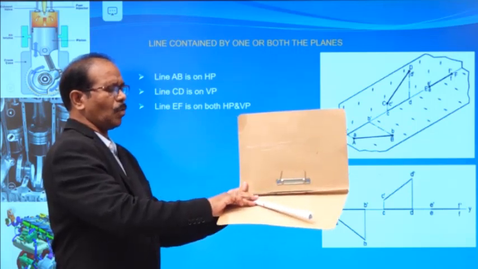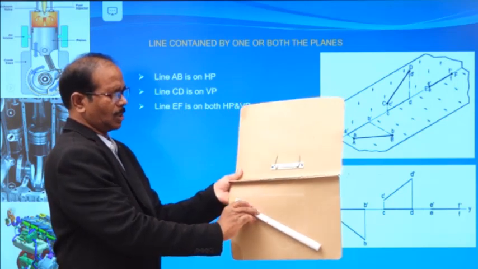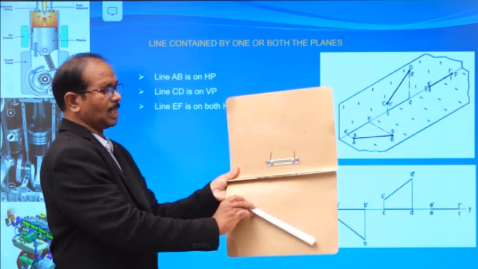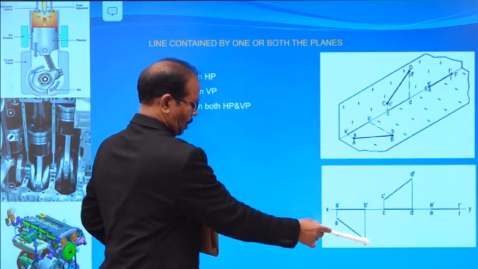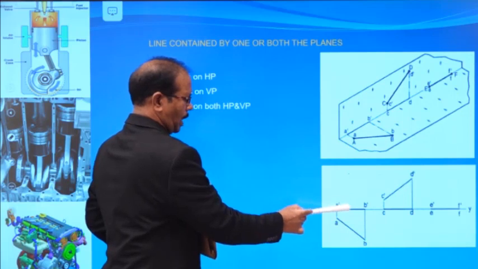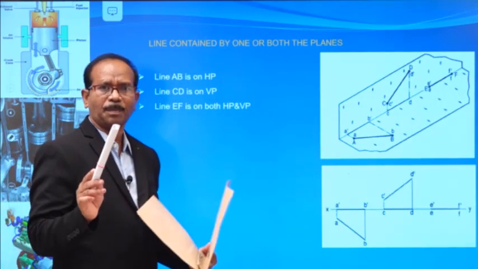So open the quadrant. This is the top view. Front view is on XY line. AB is its top view, A dash B dash its front view. Line is on HP.